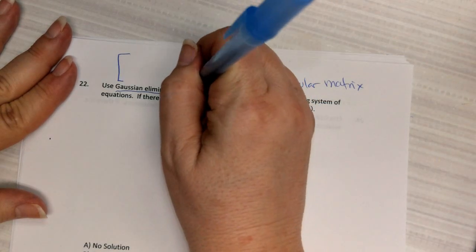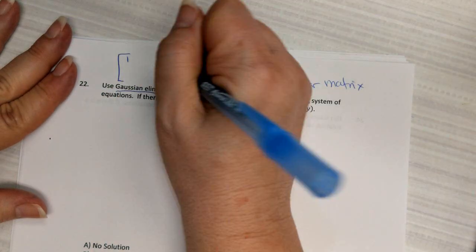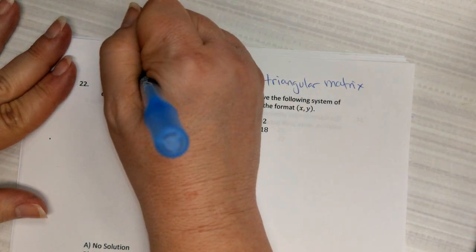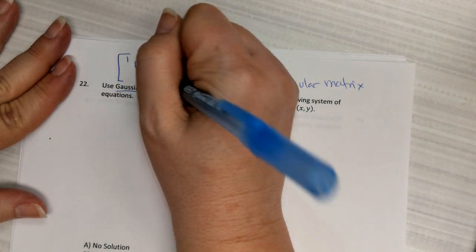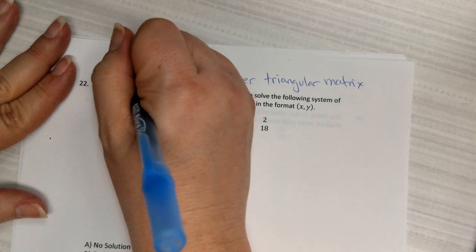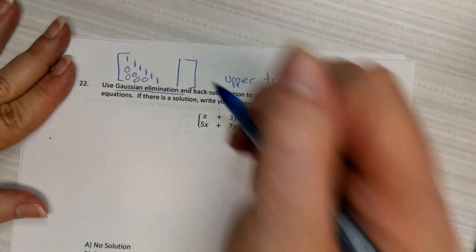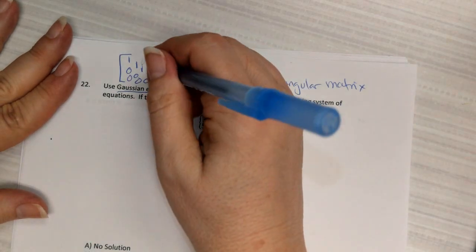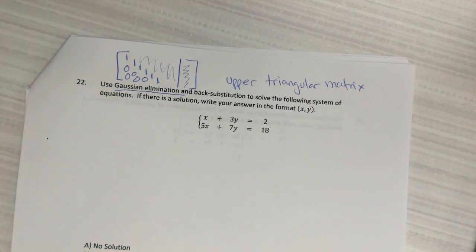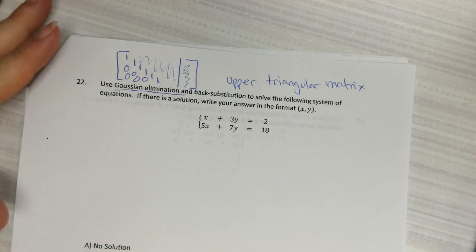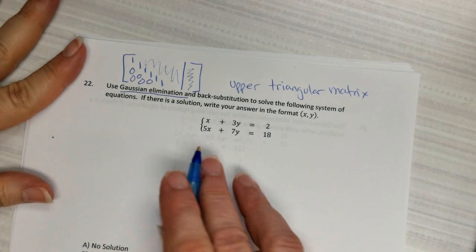And what it looks like is I have ones down the diagonal. These are ones. I have zeros underneath. And then I have a bunch of numbers here. They could be zeros. And numbers here. So that's Gaussian elimination. So I write my matrix.